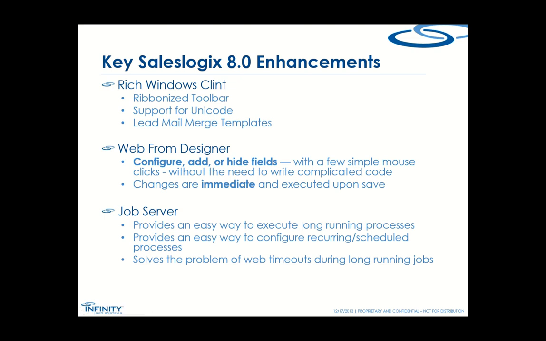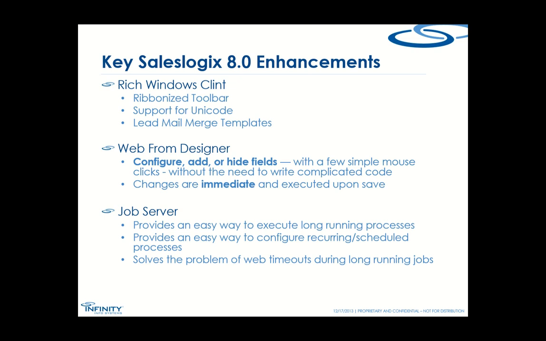They've added a tool to allow admins to add and modify screens right within the web itself, so you can configure and add fields, so you don't have to jump in and be a coder to be able to make changes to the screen.